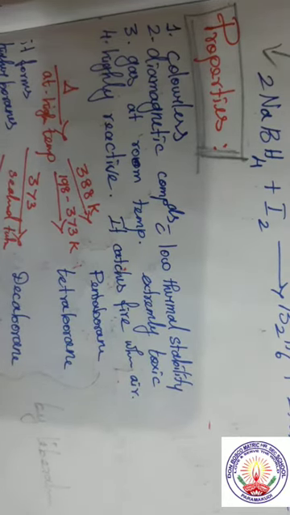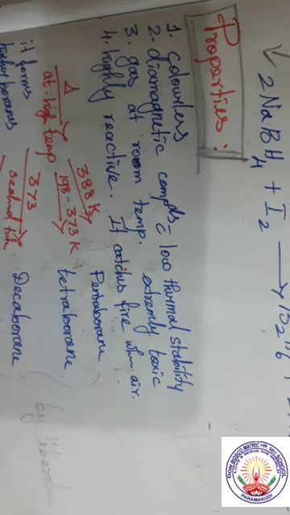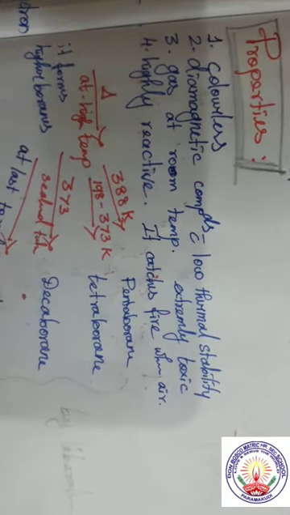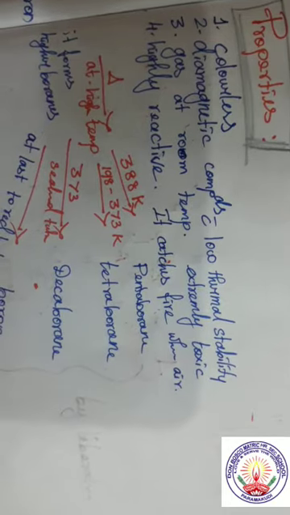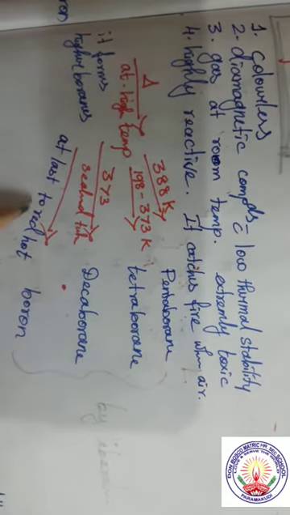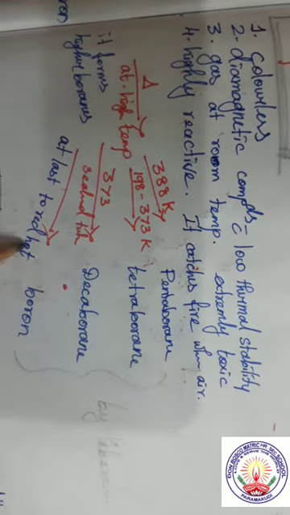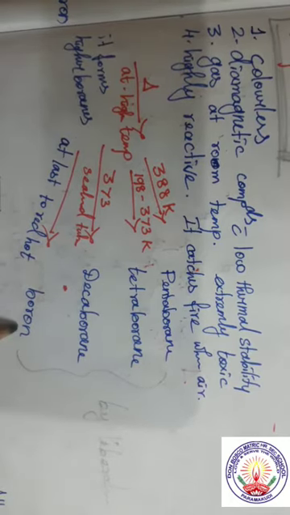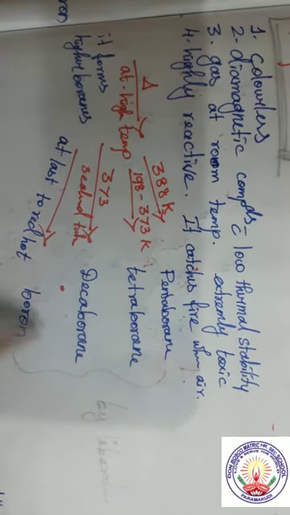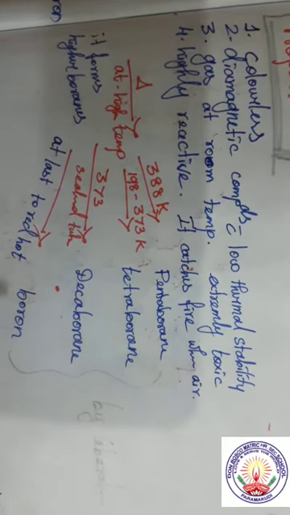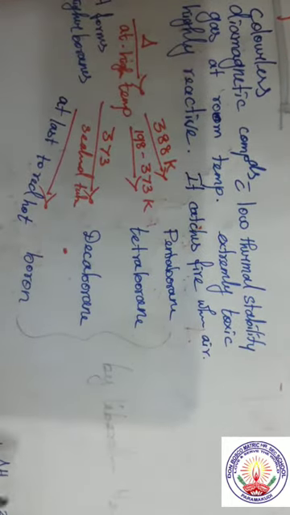At 373, when it is heated in a sealed tube, we are getting decaborane, and at last when we are heating to red hot, it becomes boron. During all these reactions, it liberates H2 gas.